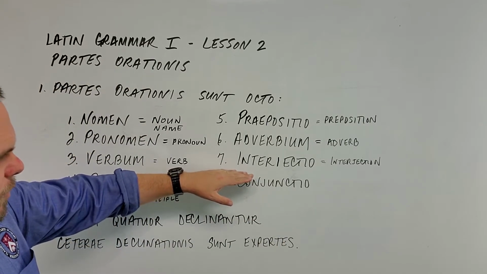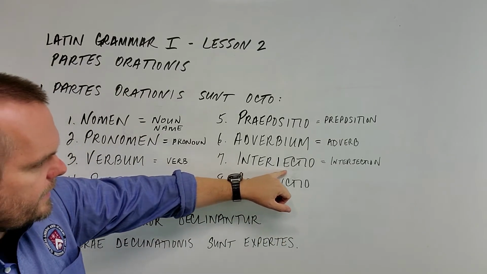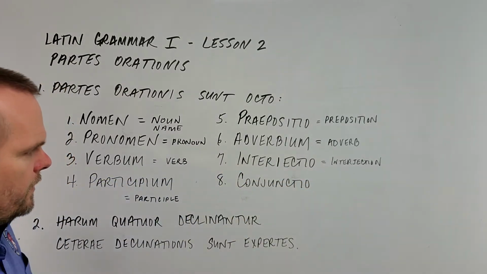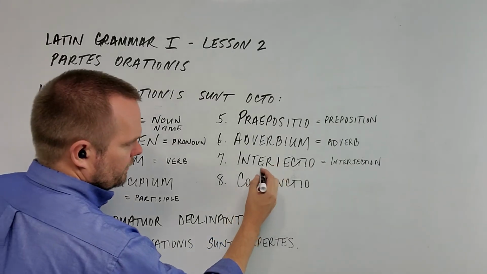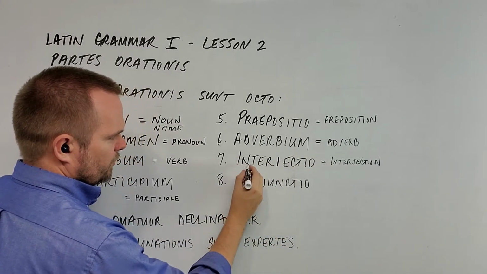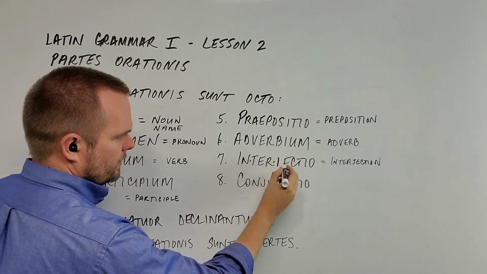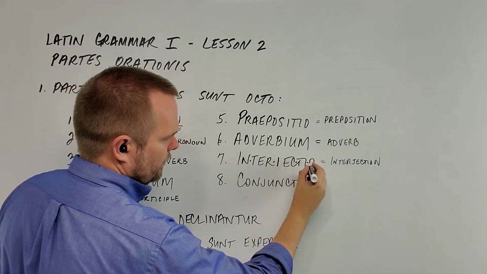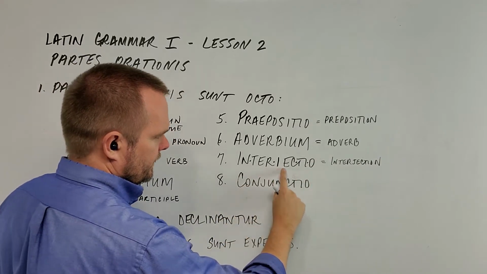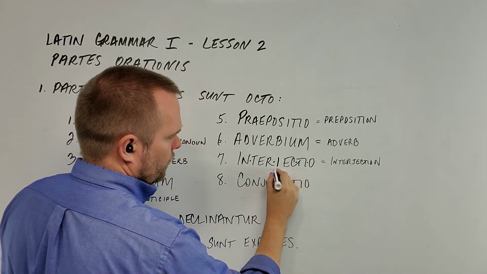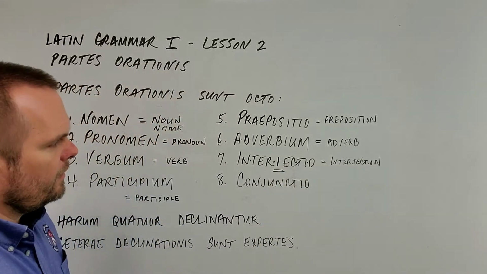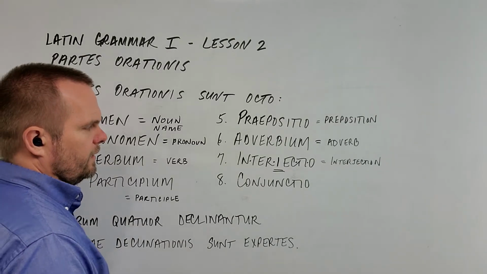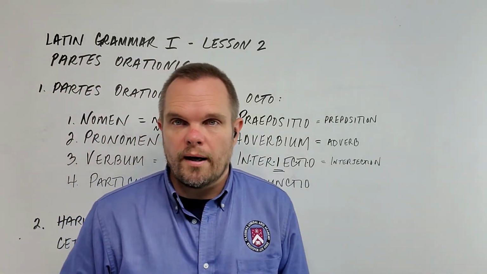In classical Latin, we would say interjectio. Now if we break this word into syllables, we'll have interjectio. When that letter I was used at the beginning of a syllable, it took on the sound of the letter Y in English.